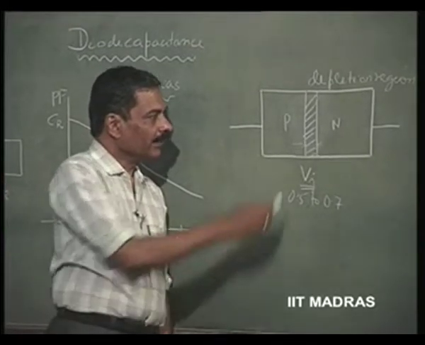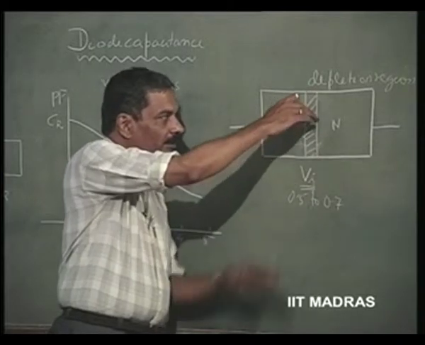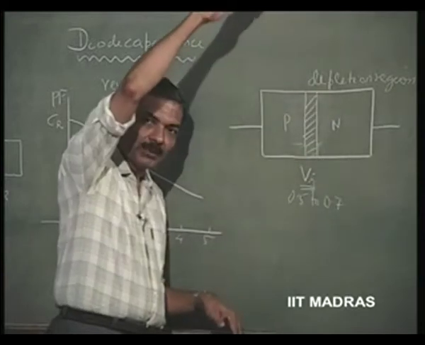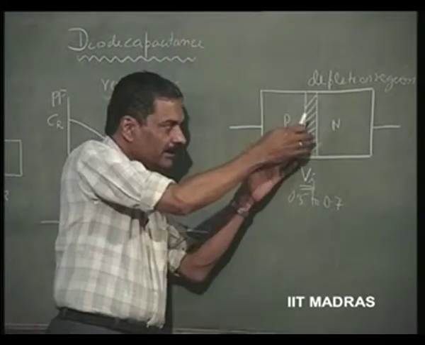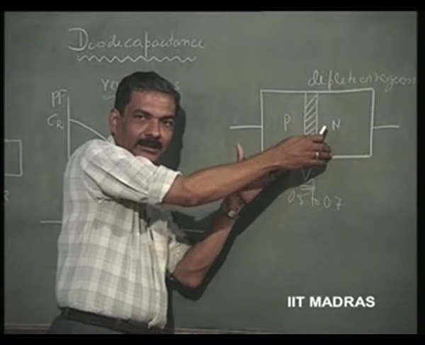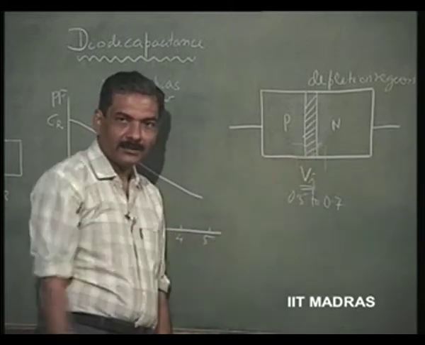Whereas, when it is reverse biased, this potential hill increases, the reverse bias will help this potential hill to get increased. That means more area in this gets depleted of carriers, and this region widens.